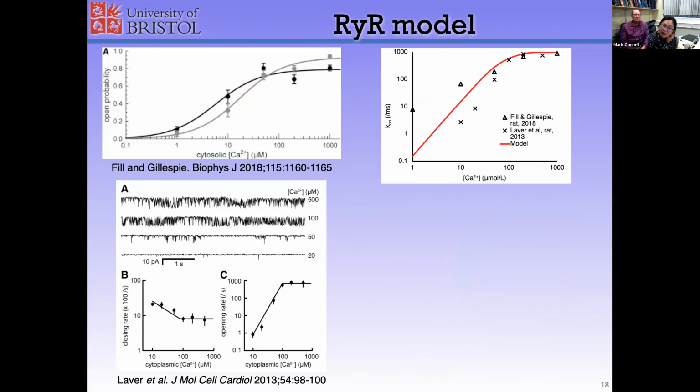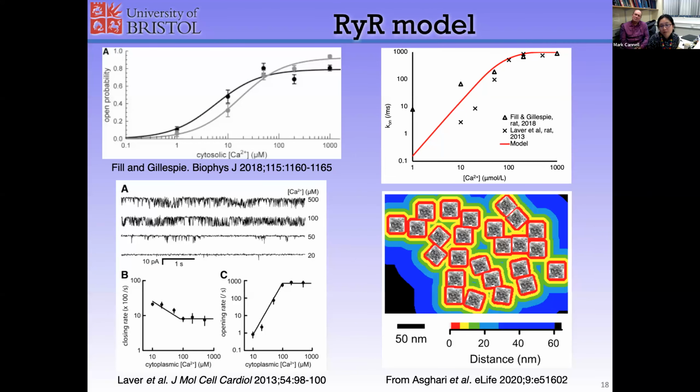To model the RYR, we took data from two studies that looked at calcium-dependent RYR gating in rat channels. I've plotted there on the top right their on rates from the two studies, and our model uses the formulation that's shown in red, which is between the two published studies.